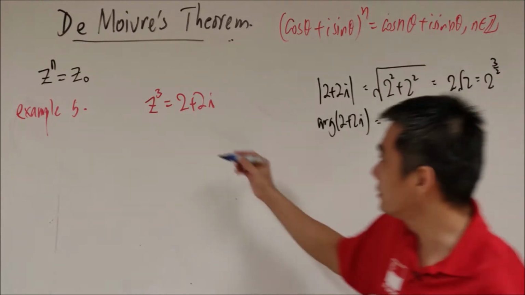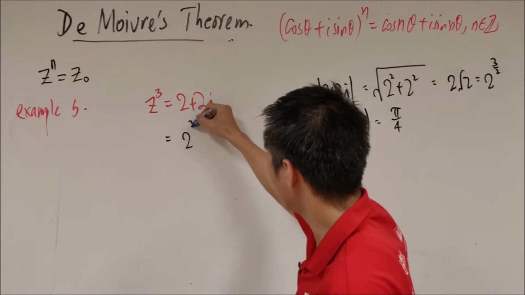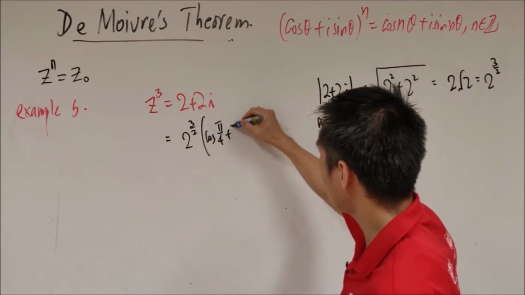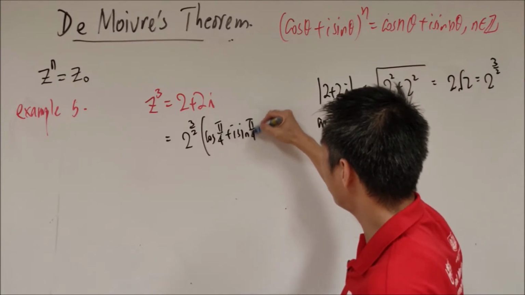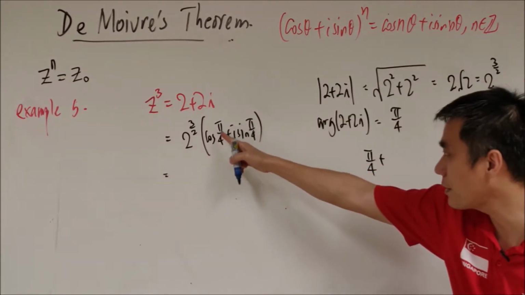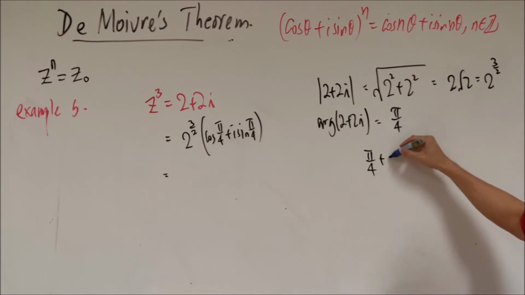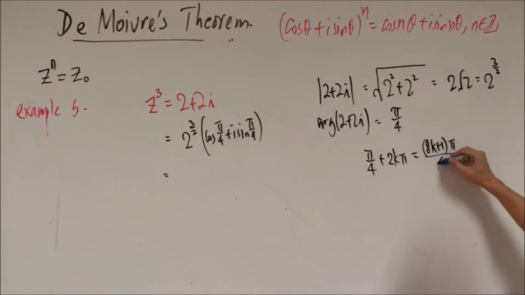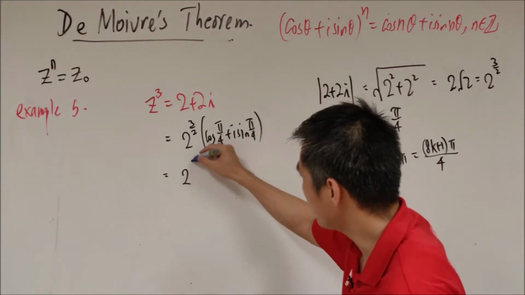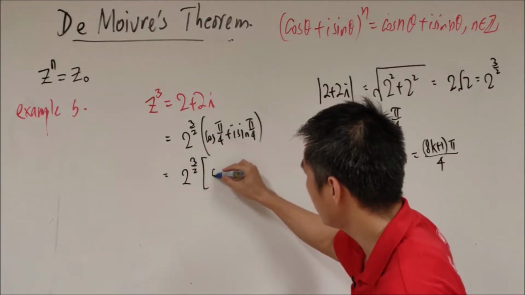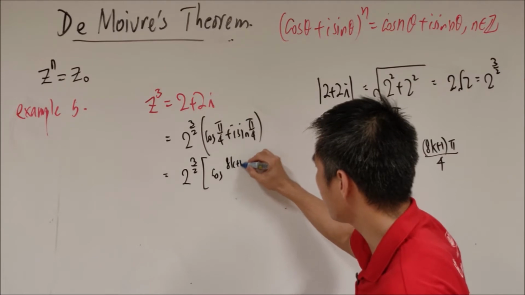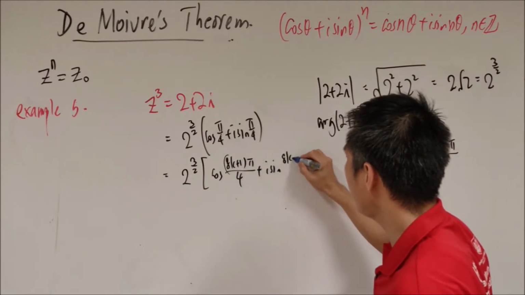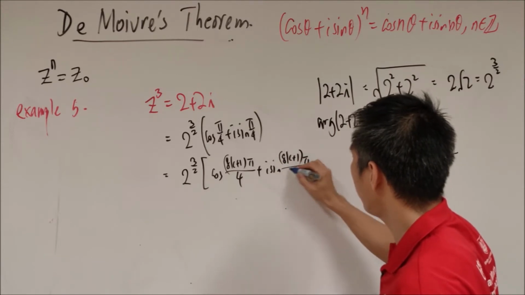So we know that this equals 2^(3/2) times (cosine pi over 4 plus i sine pi over 4). We can rewrite the angle pi over 4 as pi over 4 plus 2k pi, which is (8k + 1) pi over 4. Therefore this will be 2^(3/2) times (cosine (8k + 1) pi over 4 plus i sine (8k + 1) pi over 4).